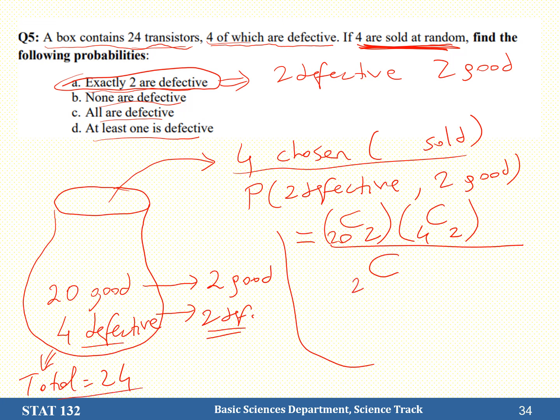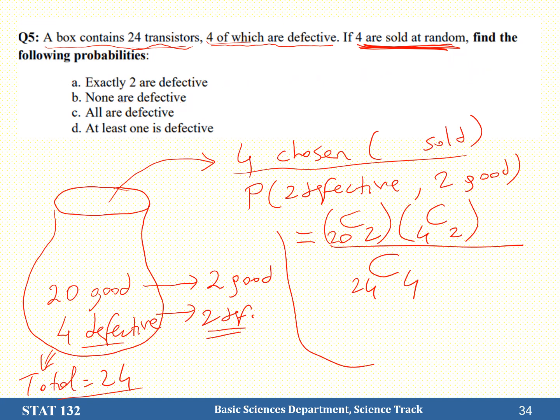So it means 24 choose 4. Now you can use a calculator to find this one. I don't know the exact answer, but let's write the answer in terms of combinations.